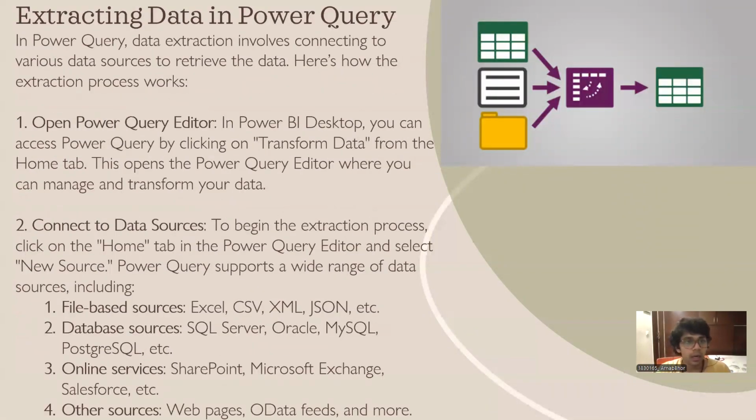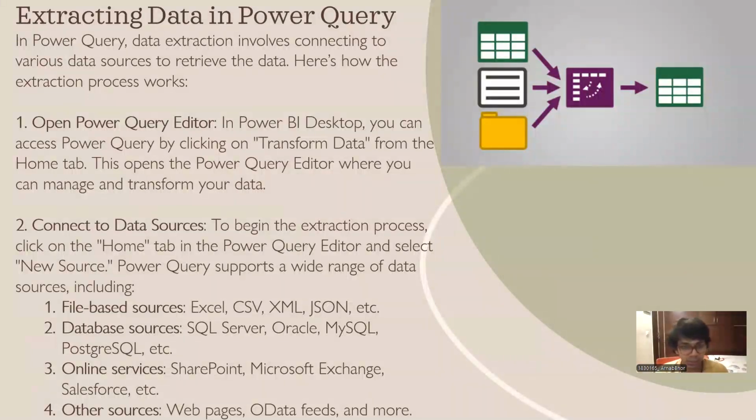Okay, now the first step that we spoke of was extracting data in Power Query. This is documentation that I've given you on how it's done. First, you go to Power BI. You go to the Power Query editor using the transform data button in Power BI's UI.